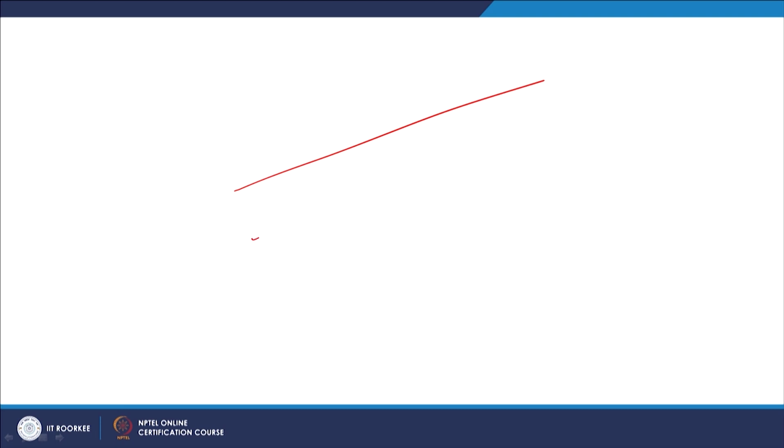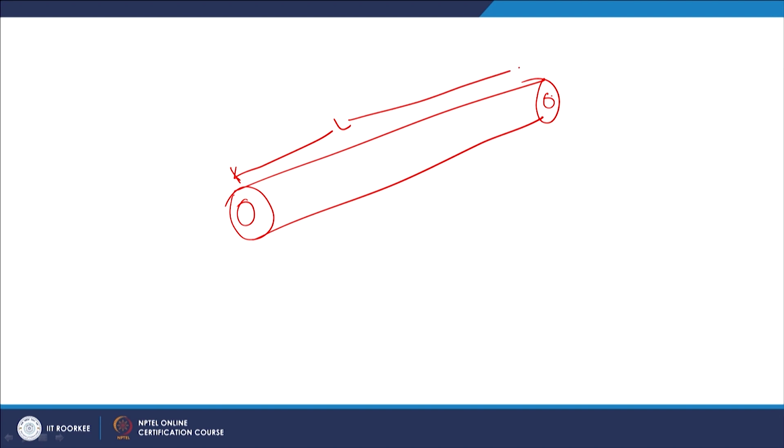Now here is a pipe like this, which has the length L. Let us take that rho is constant.